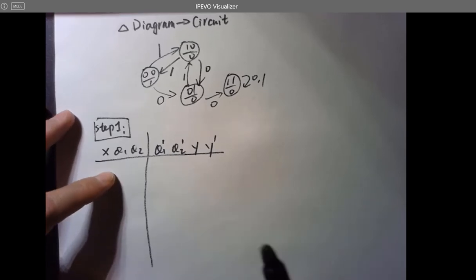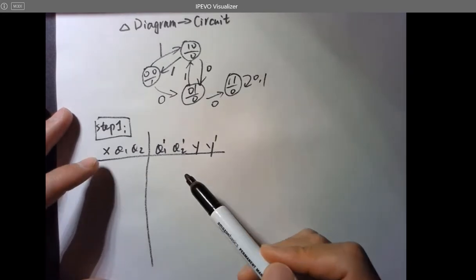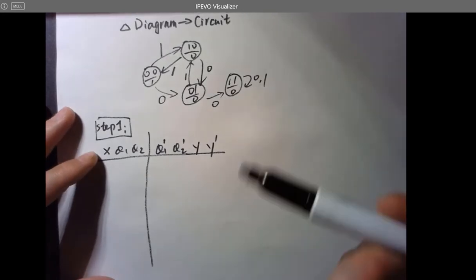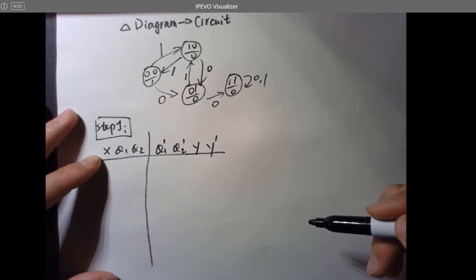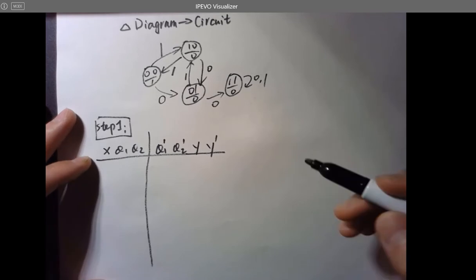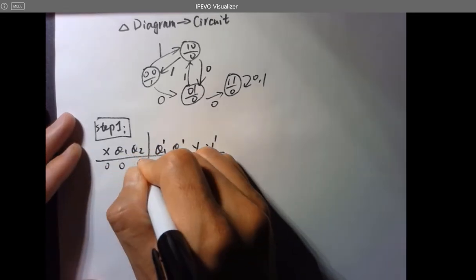So we prefer using D flip-flops when we are converting the state diagram into a circuit. It's easier to think about to find out the results. Okay. So we know the inputs are, of course, 0, 0, 0.